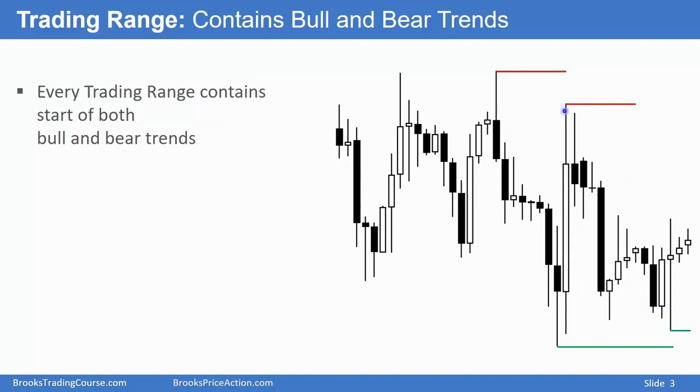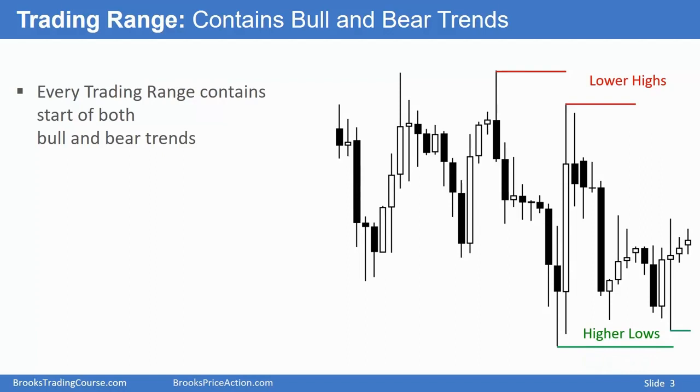And let's say we break above the neckline and go up for a measured move and start a bull trend. You look back at this chart and ask yourself, where did that bull trend begin? You would say here. However, at this point, right here, we're still in a trading range. So it has an early bull trend and an early bear trend. In this particular case, we have lower highs and we also have higher lows.